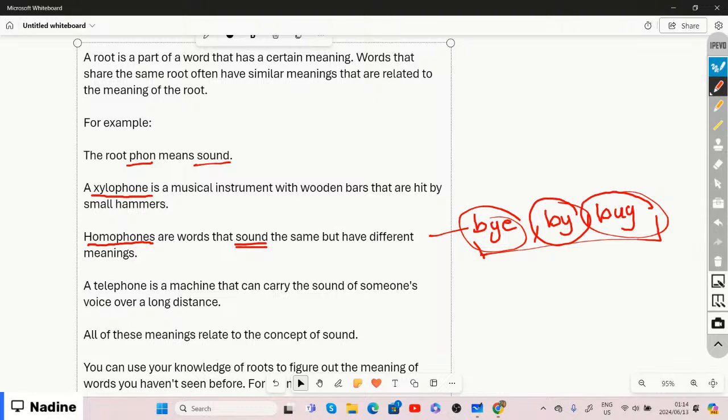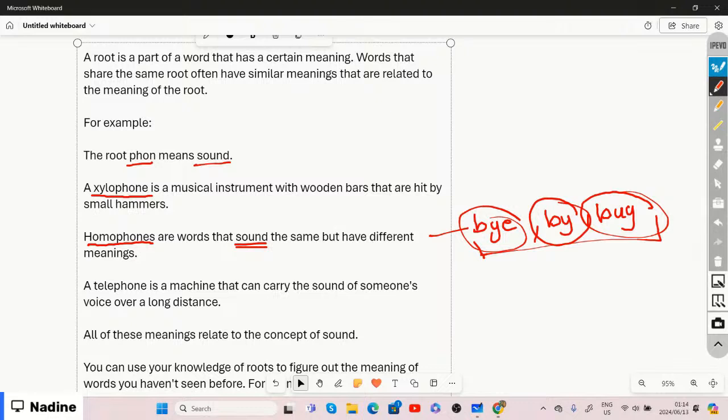You go to the specific shop, you give money, and they give you the product or the item that you are buying. So these three words are homophones, and homophones are words that sound the same. So these three words sound the same, but the spelling and the meanings of the words are different.